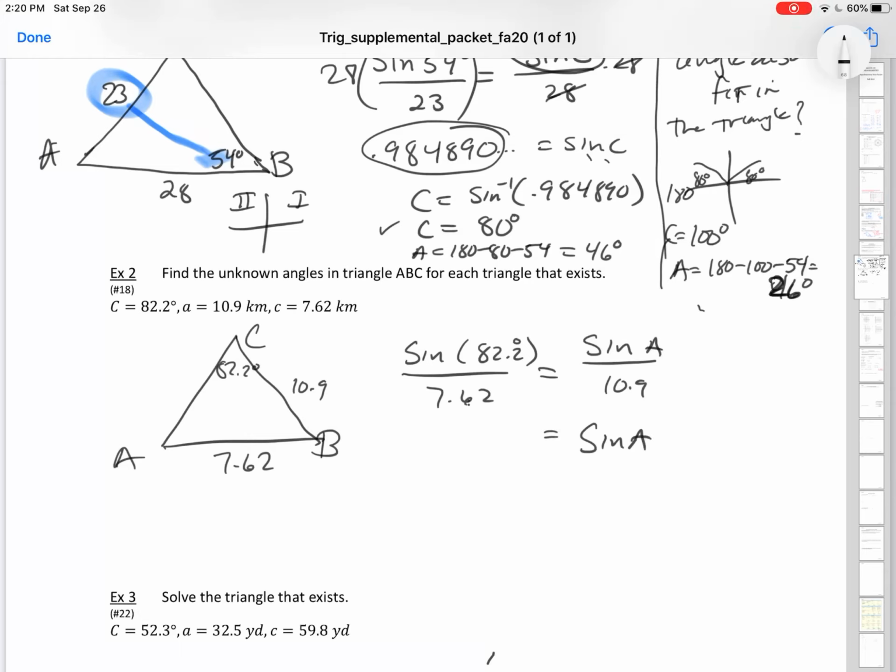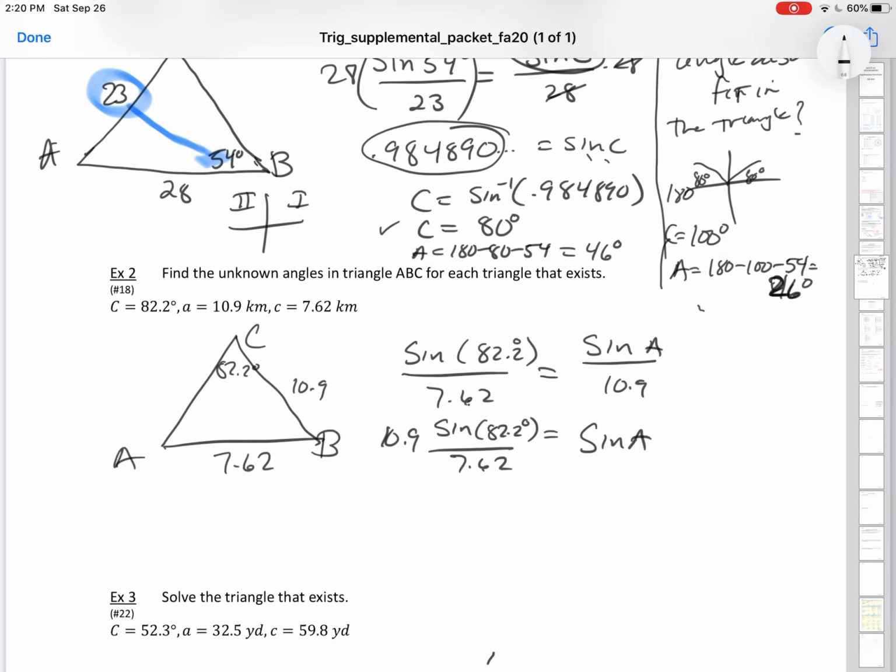or sine A is equal to 10.9, just with simple algebraic movement, all over 7.62. So that's 10.9 times sine of 82.2 divided by 7.62.